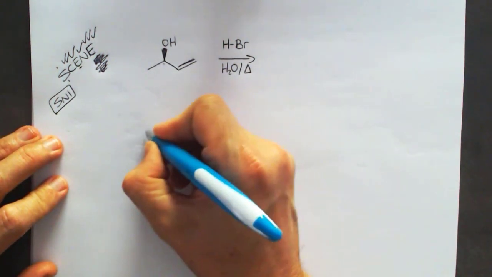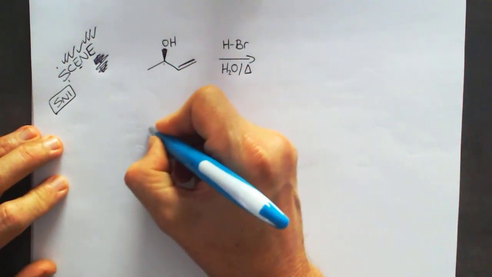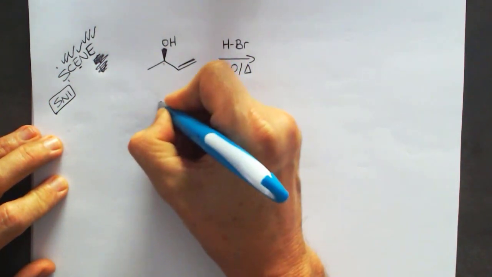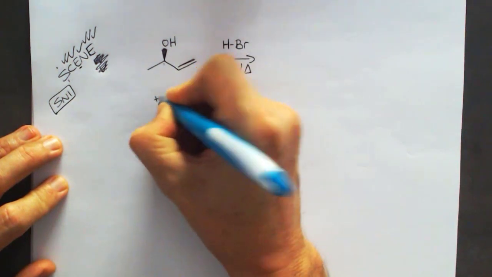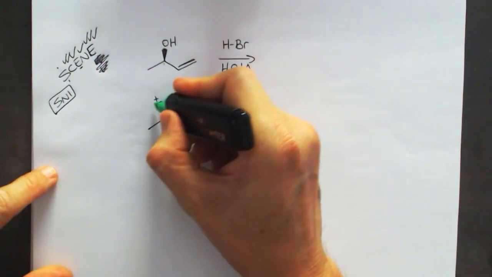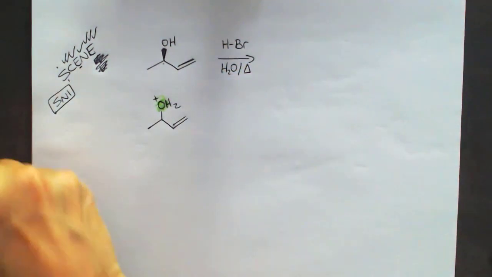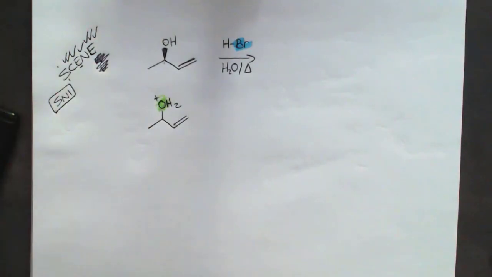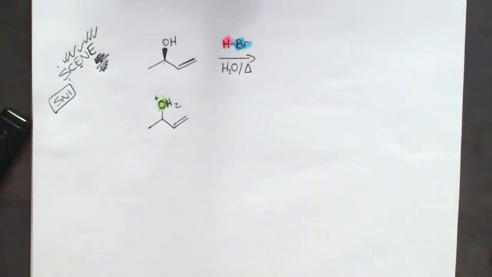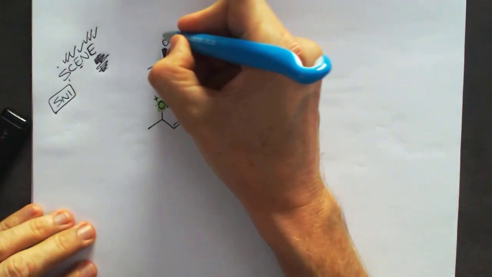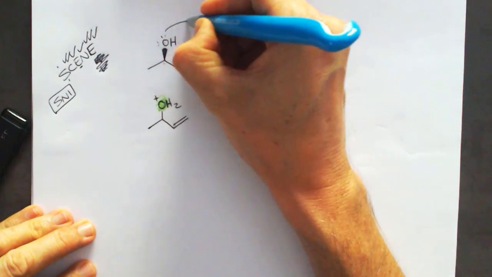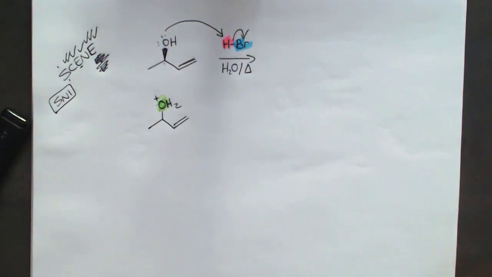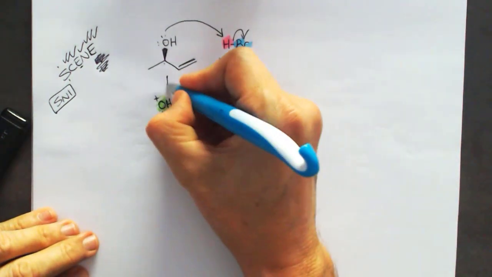Now, it's going to be tempting to say that the first step that we need to do is we need to protonate. So we change the thing into a leaving group. So I'll do that like that. And now we recognize that actually it was the bromine which is going to be our nucleophile, and the acid over here is the thing that was important for creating that leaving group. Okay, so we've protonated.